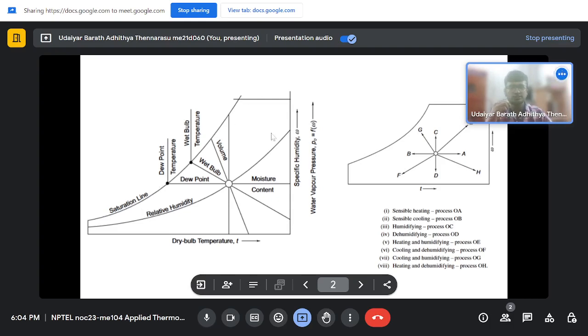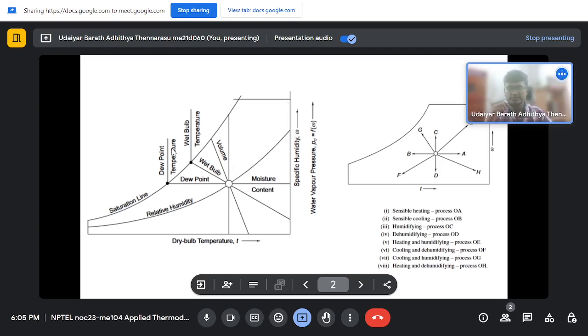There's another term called relative humidity. Relative humidity is how much water vapor is there with respect to the saturated case. The saturation line has 100% relative humidity, and the other lines shown are constant relative humidity lines.